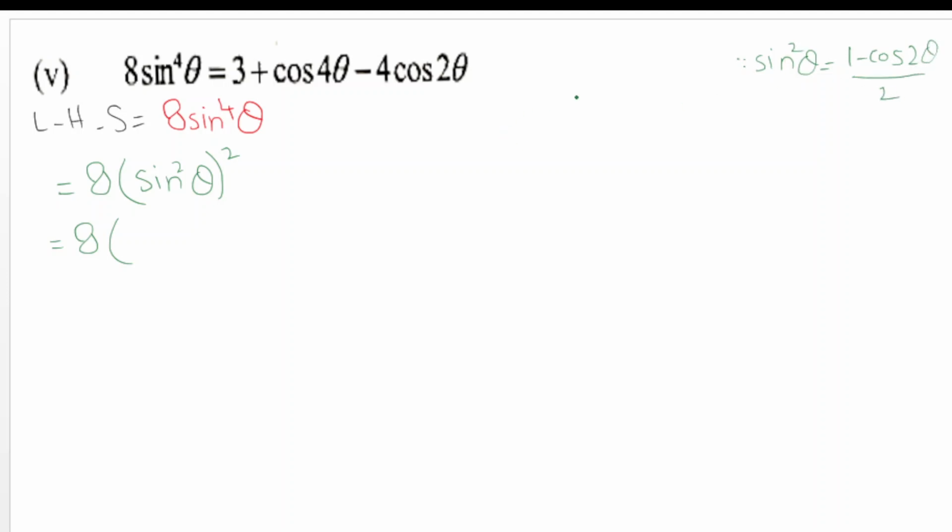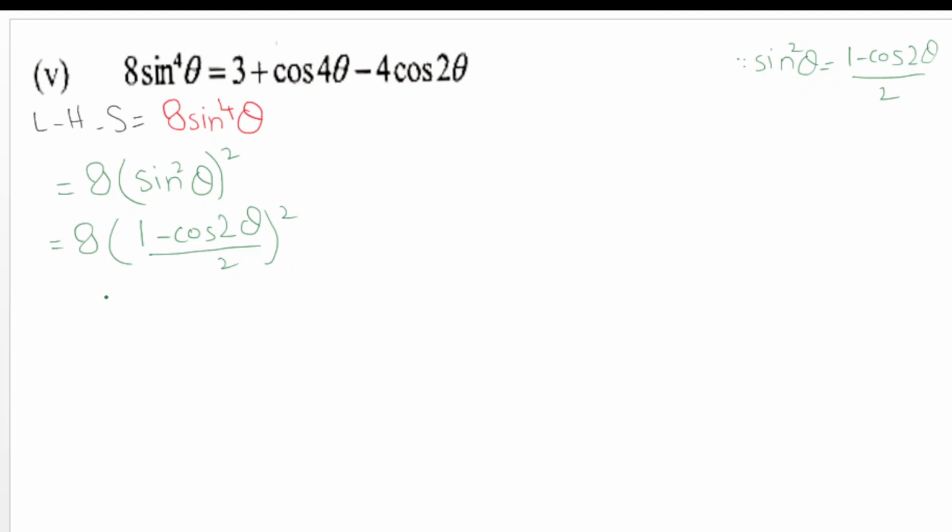I already told you how this formula came, in the previous videos you can see. Now just put the value of sine square, that is going to be 1 minus cos 2 theta by 2. There will be the square here.